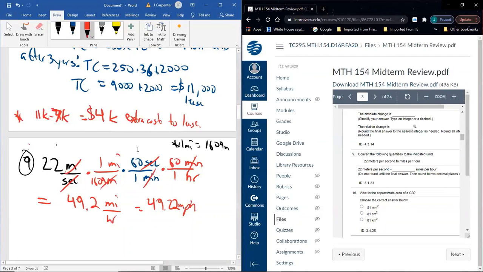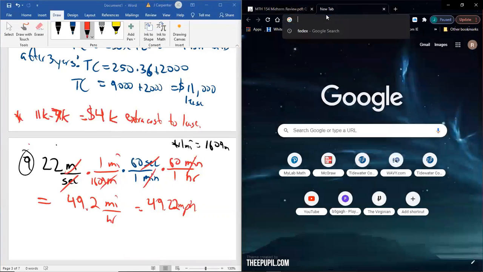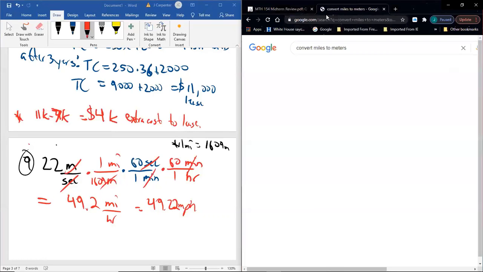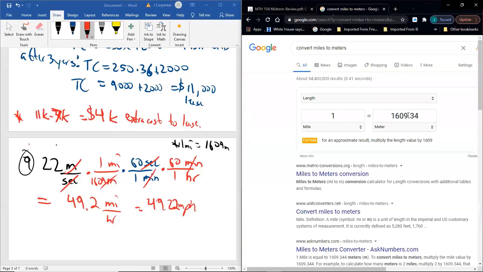That is because 1 mile is not 1609 meters. If you just go to Google, convert miles to meters, it's actually 1609.34. And honestly, if you wanted to add that 0.34 to your formula sheet so that you made sure you got the answer correct, that's fine.